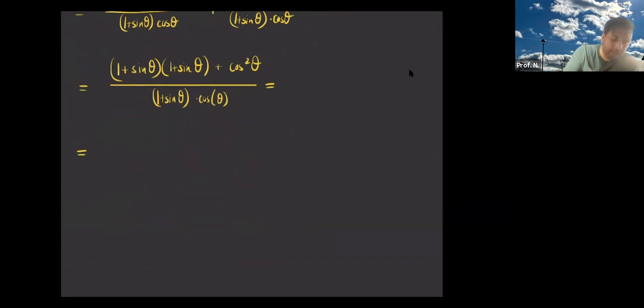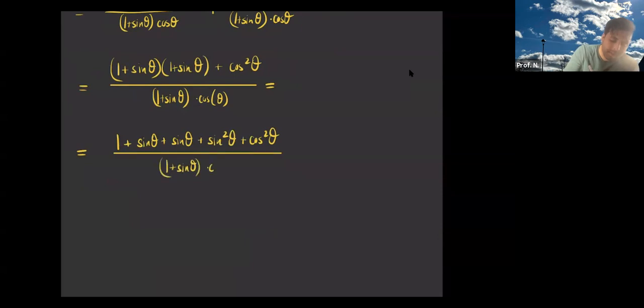If I expand it, 1 times 1 is 1, plus sine theta plus sine theta. So I'm foiling, right? Plus sine squared theta, plus cosine squared theta. And all of this is being divided by 1 plus sine theta times cosine theta. Does anybody notice anything in the numerator that you already know what that expression is? Does anybody see an identity in the numerator that we can replace with something?